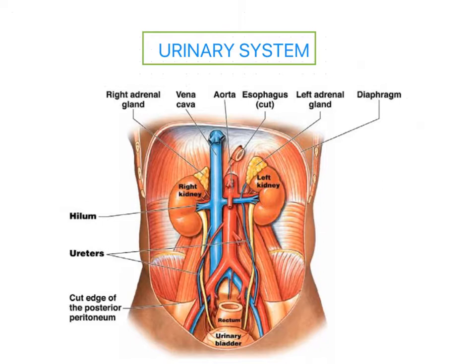In this video we are going to discuss the urinary system parts, which are important structures present in the abdominal region. We will discuss what structures or organs are present in the urinary system, and we are going to discuss the kidneys in this video.